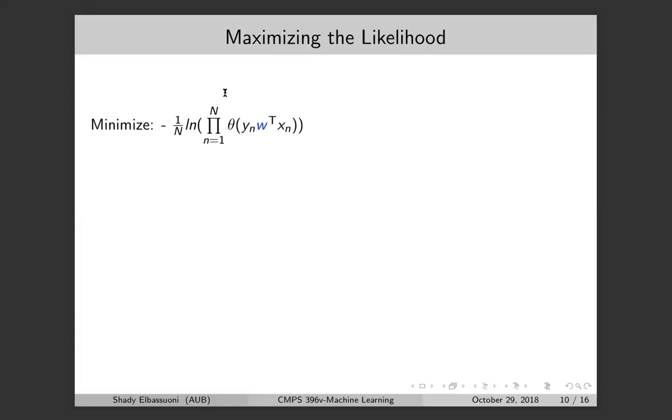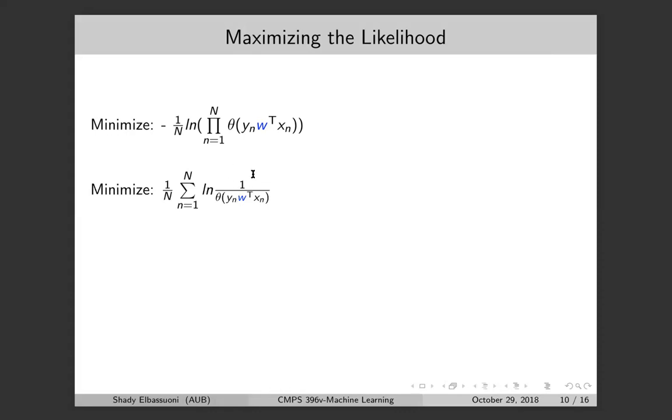So what can I do? I can take the log, right? The log of the product becomes a summation of the log of the individual values. So I get negative 1 over n summation from n equals 1 of log theta of yn W transpose xn. And then I put the negative inside, so that gives me 1 over theta of yn W transpose xn.